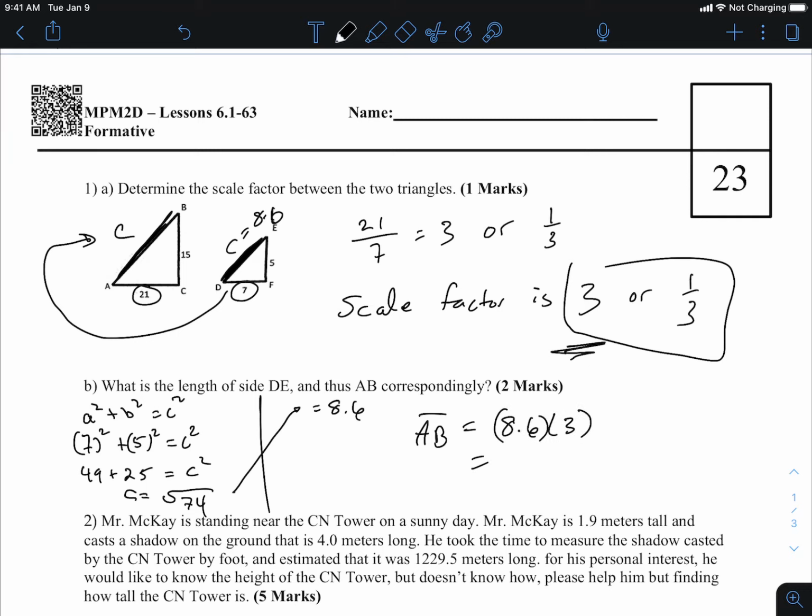What's that equal to? 26 something? I'm guessing. Not bad, eh? 25.8. I guess 26. Okay? Are we good?